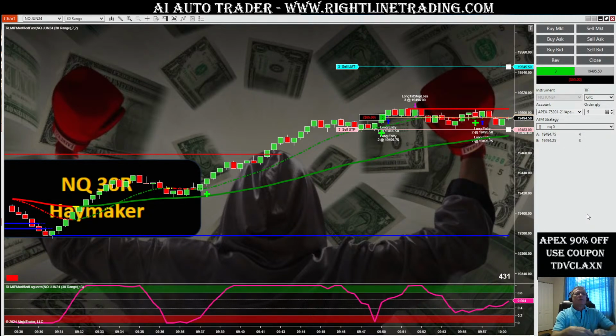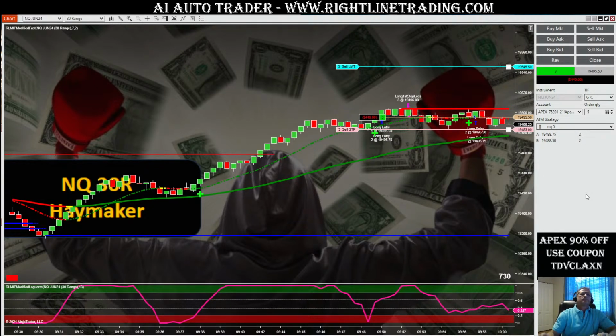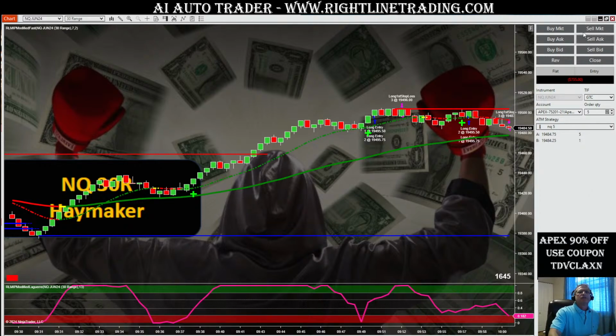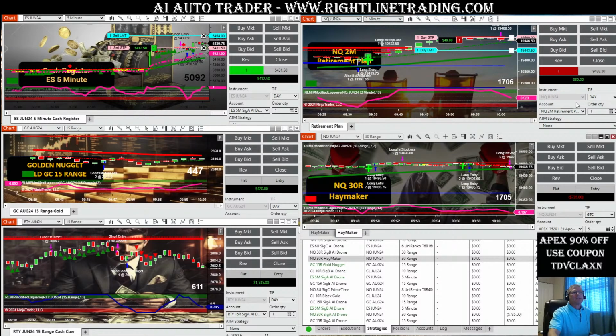Right at 10 a.m. Trying to get out of this thing. Go up. That was a bad trade, right into that area of resistance.